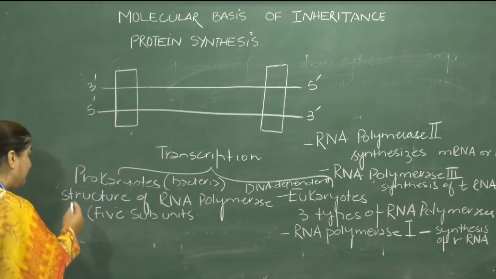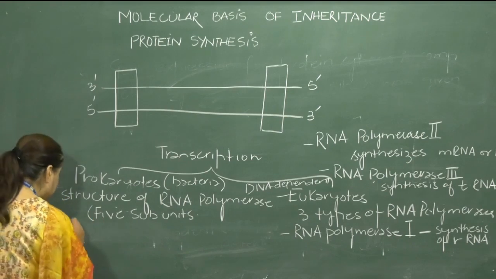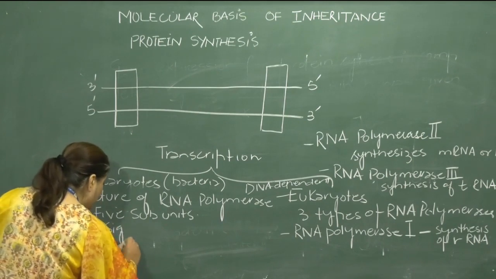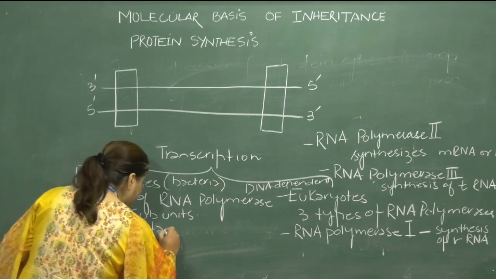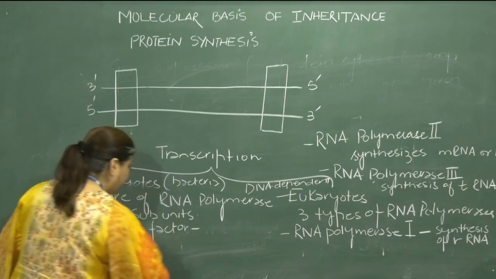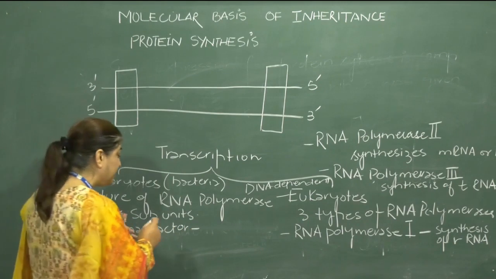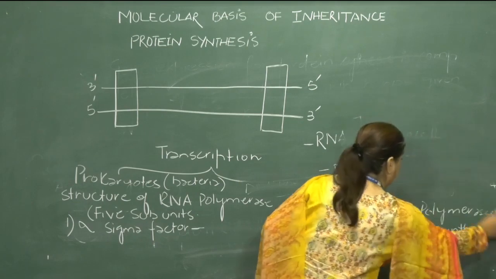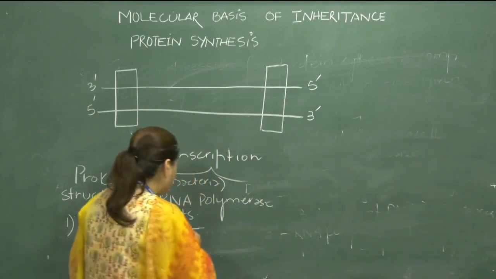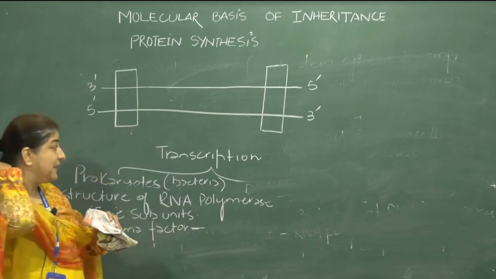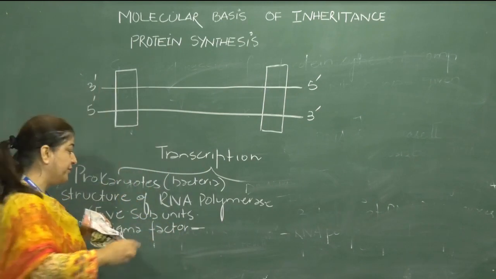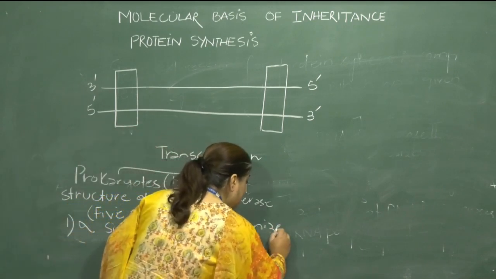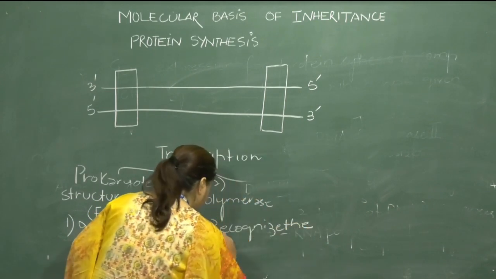So let's name the subunits. The first subunit is known as the sigma factor, and the function of the sigma factor is to recognize the promoter region.